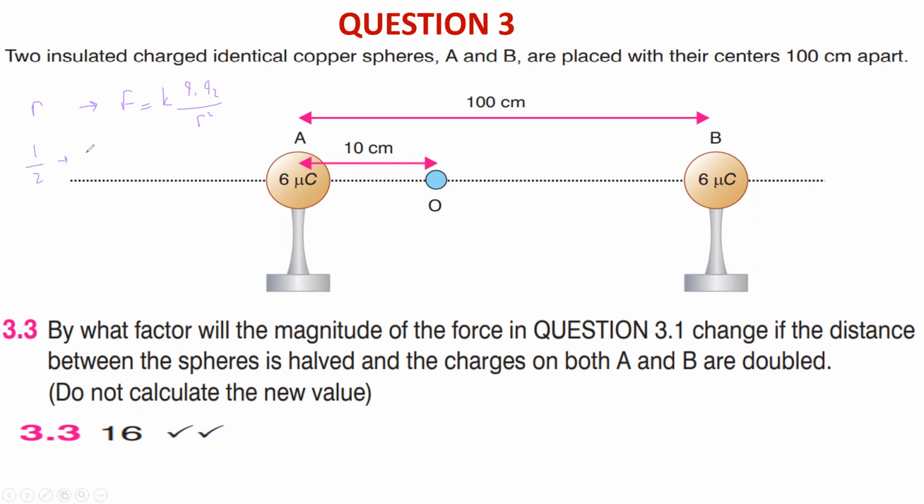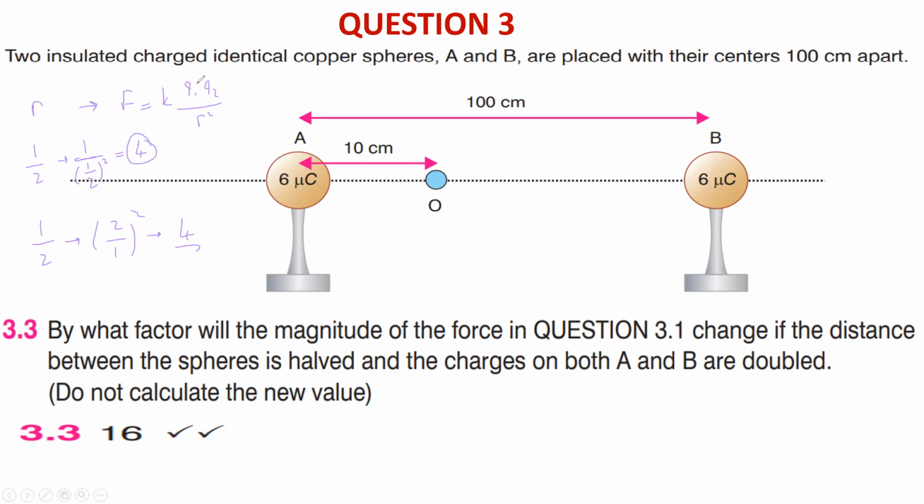Because I'm writing 1 over 2, it means you are getting 4. Just swap, or the easy way, if you see 1 over 2, half, just swap and square, and then you are getting 4. So I'm using that 1 over 2, half, making the distance half. So 4 times bigger. But they said 16.